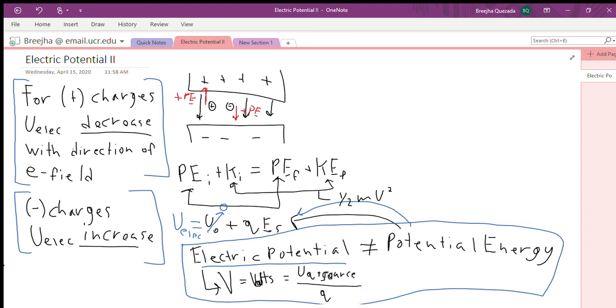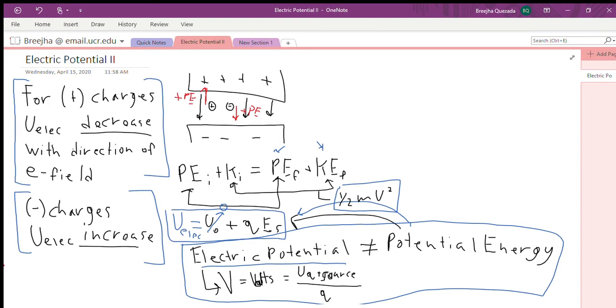Conservation of energy still applies in this situation. So potential energy plus kinetic energy at the beginning is equal to the potential energy and kinetic energy at the end. Kinetic energy has the same value that it did for Physics 40A, which is that 1/2 mv squared. So the only difference is potential energy now having this new equation value.